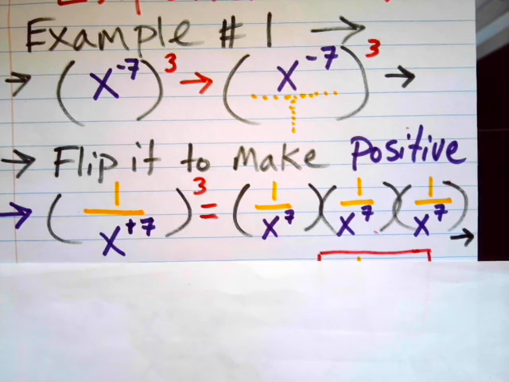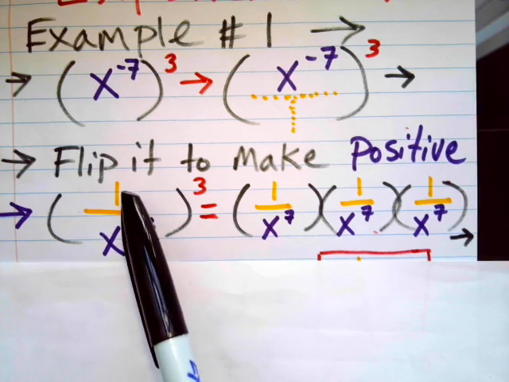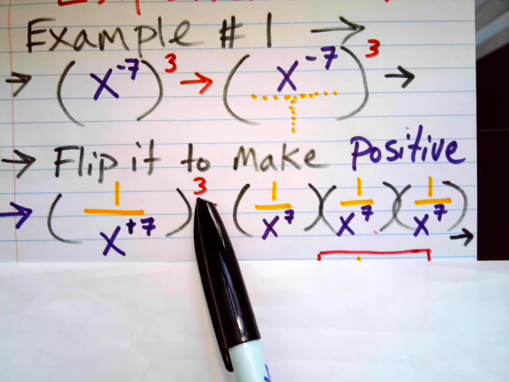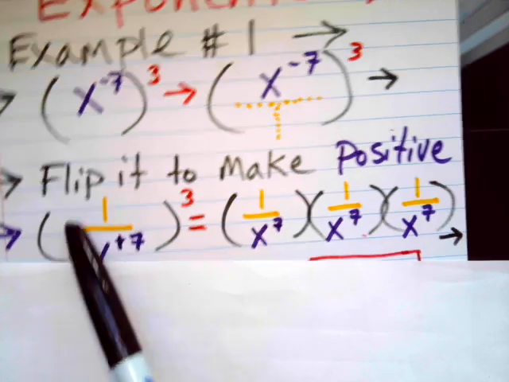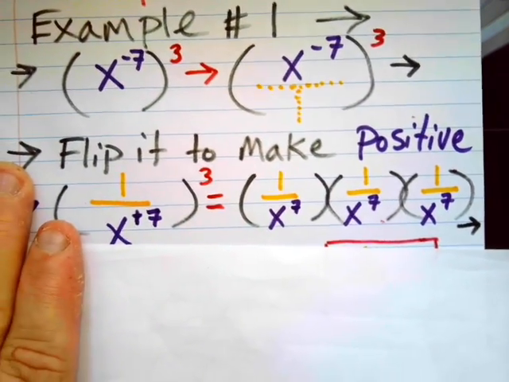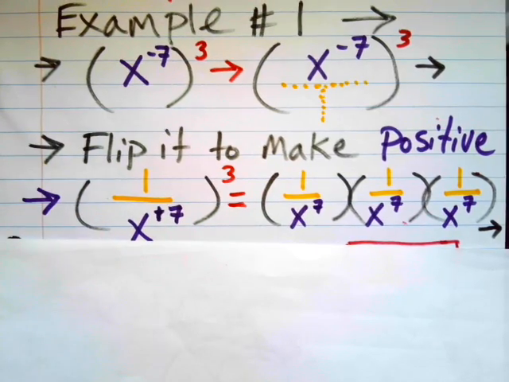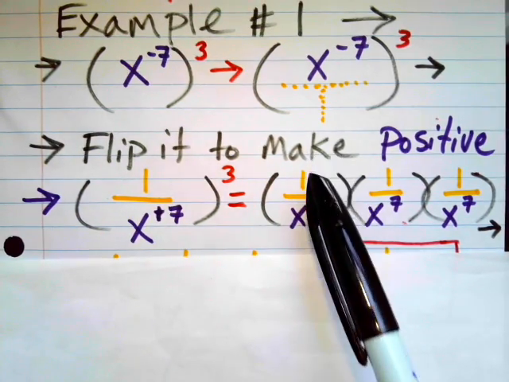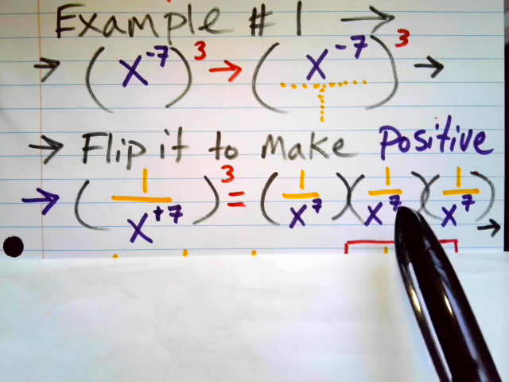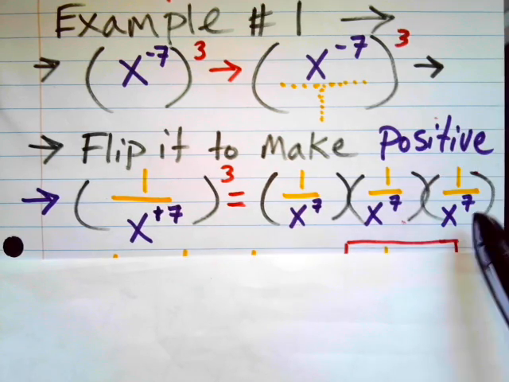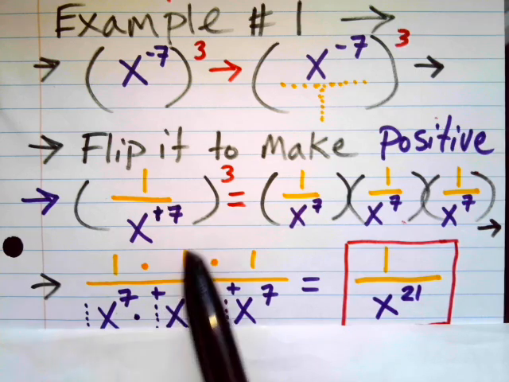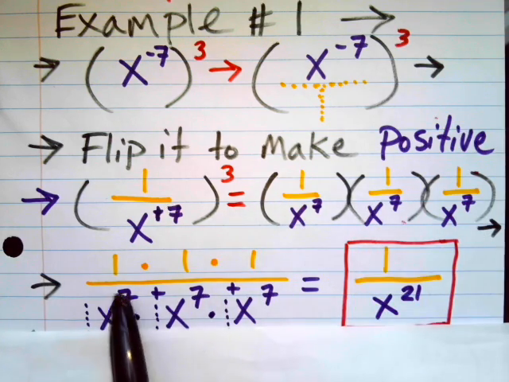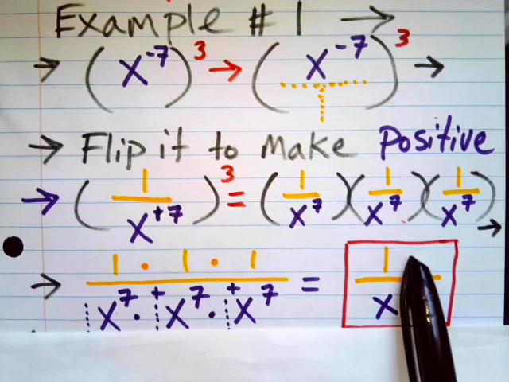And so to simplify it, 1 over x to the 7th power raised to the power of 3 means this term times itself 3 times. So that's what I'm showing you here. 1 over x to the 7th times 1 over x to the 7th times 1 over x to the 7th power. What is 1 times 1 times 1? 1 times 1 times 1 is 1.